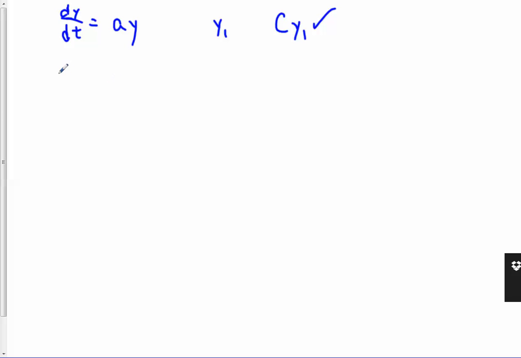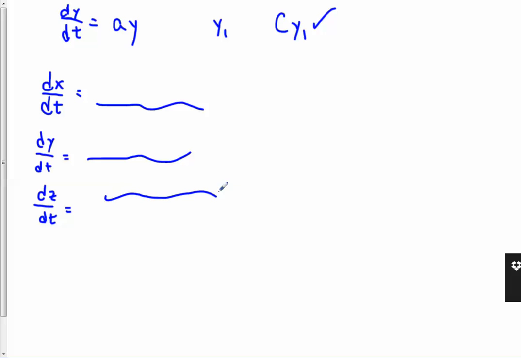I should also say that if you had three differential equations, three quantities, again linear, homogeneous, then what I said was true, that a linear combination of any two will work, but actually what you would want here are three.